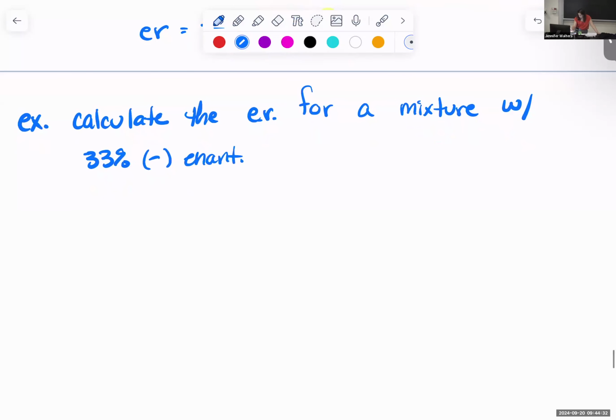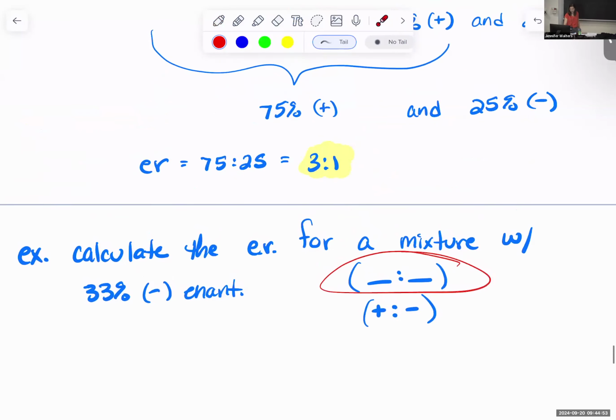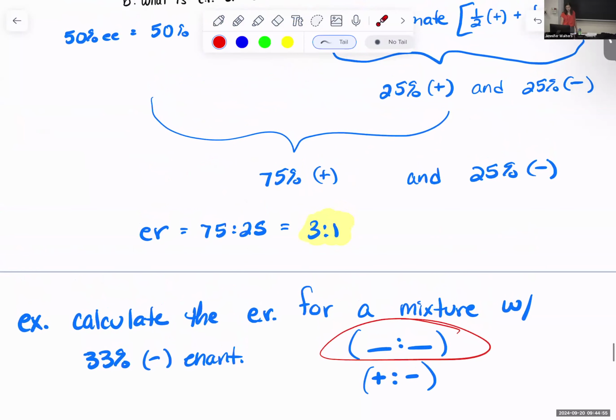And I want the ER reported in positive to negative, because that's usually how I would do it on an exam, is I would put 1 in one place, 1 in the other. So I'd be like, all right, what is the ER in that positive to negative ratio? That's where I'm trying to find the answer. So go ahead and try that same strategy to figure out what your ER is going to be.